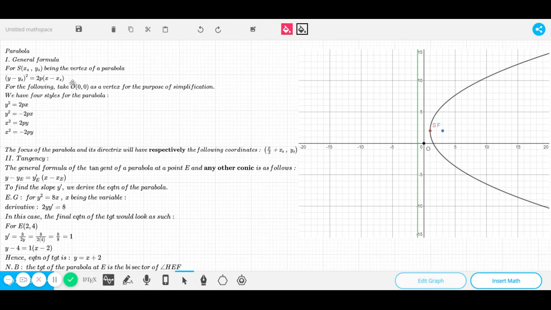So I'll give you a case-by-case study. If this were the general formula of the parabola, the focus would have the following coordinates: p over 2 plus x of the center, and y of the center.